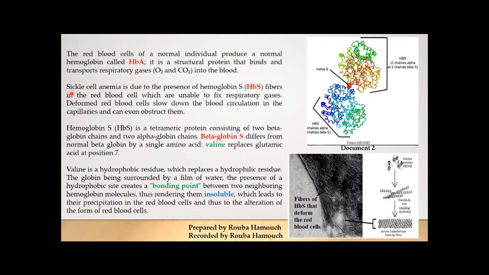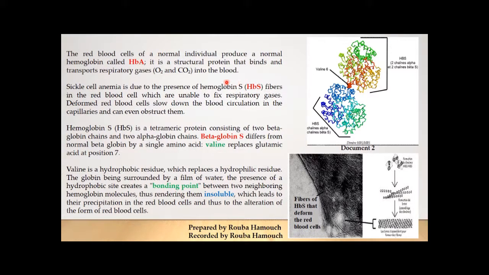However, sickle cell anemia is due to the presence of an abnormal hemoglobin called hemoglobin S or HbS. This abnormal hemoglobin S forms fibers in the red blood cells, and these fibers of hemoglobin S are unable to fix respiratory gases. So in this case, hemoglobin cannot transport the O2 to the cells and cannot transport the CO2 from the cells.